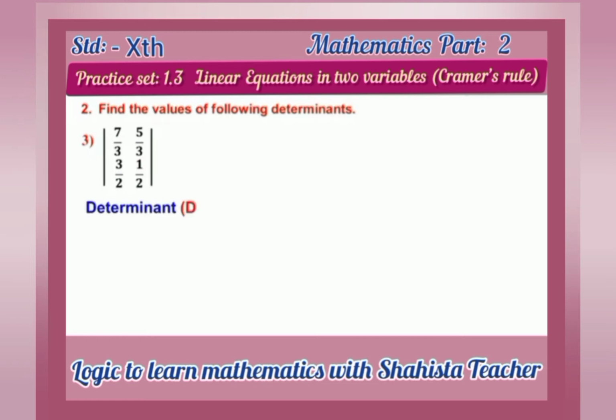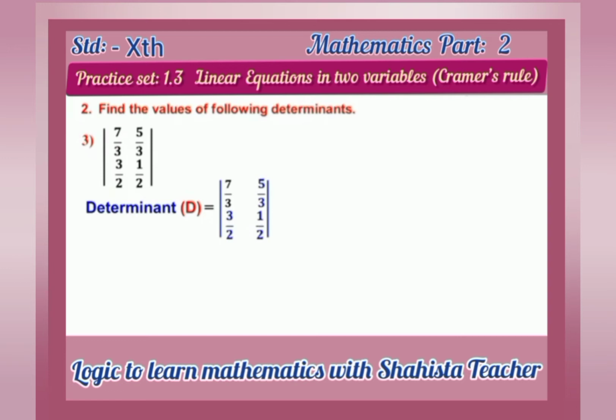Here 7 upon 3 and 5 upon 3 are the top row, similarly 3 upon 2 and 1 upon 2 are the bottom row.